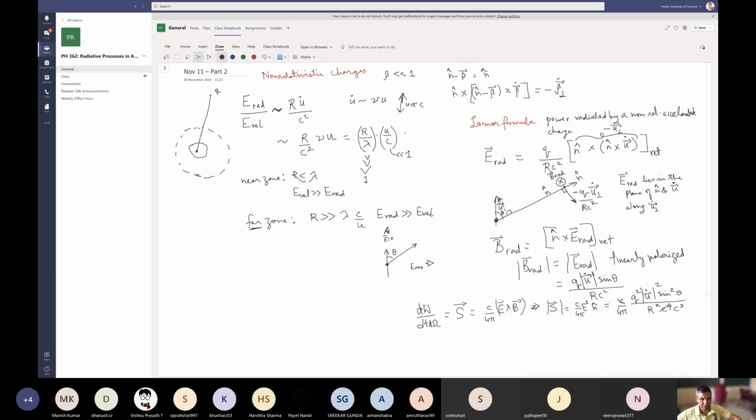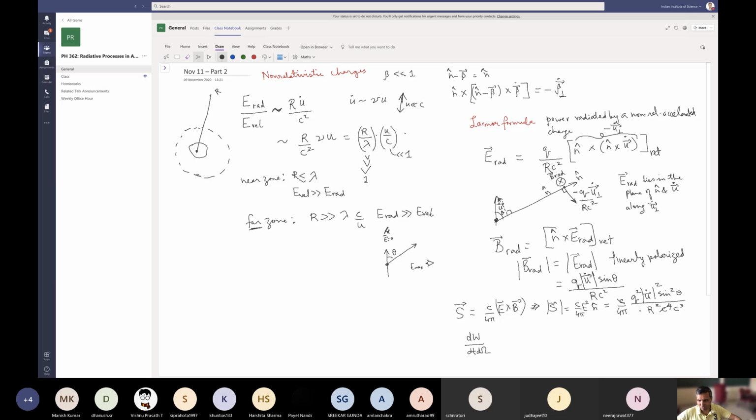Let me be a little more clear. So this is S. What about the energy crossing per unit time per unit solid angle?